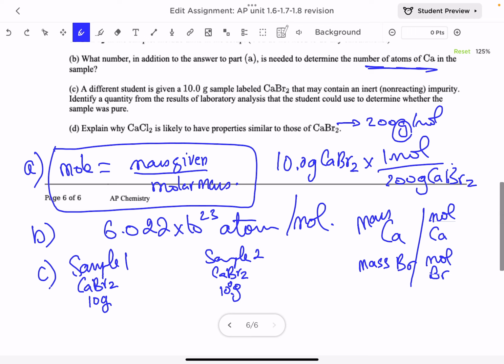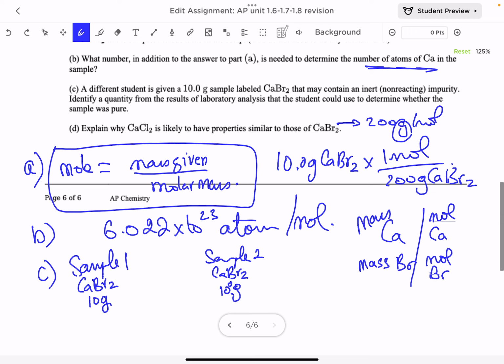So usually we take a sample to analyze it. And the purpose of analyzing a sample is to determine the mass of each atom forming this sample. So if I have a 10-gram sample of AB, I would want to know what is the mass of A in this sample, or what is the mass of B in this sample.